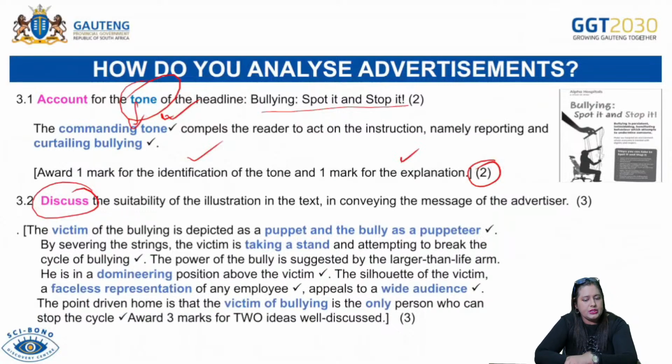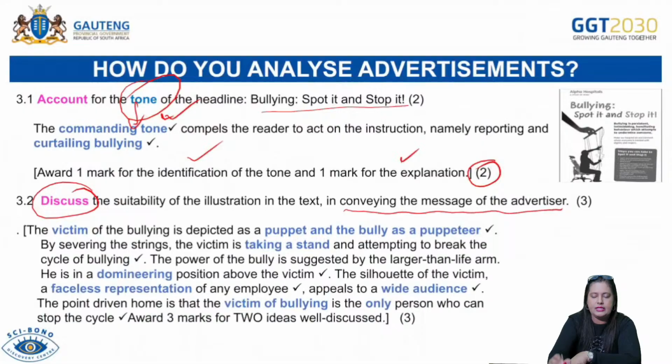The illustration in the text. In other words, what is being advertised in relation to what is being conveyed in terms of the message of the advertiser. So what is his message linked in terms of what he's showcasing in the image?